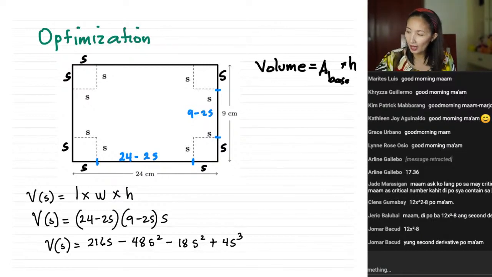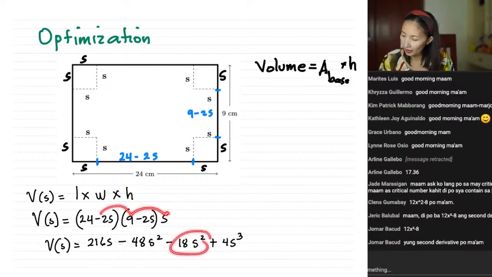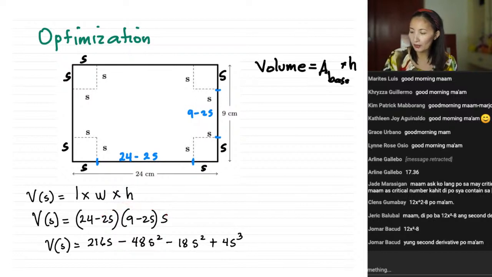Correct? That's after multiplying: 24 by 9, 216 times s is 216s. 24 times negative 2s times s is negative 48s squared. Negative 2s times 9 times s is negative 18s squared. And finally, negative 2s times negative 2s times s is plus 4s cubed.